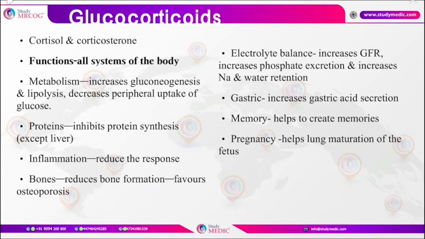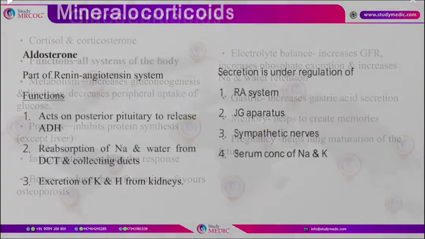In terms of electrolyte balance, it increases the glomerular filtration rate, it increases phosphate secretion, and also it increases sodium and water retention in our body. In the GI tract, it increases gastric acid secretion. Talking about memory, it helps in creating memories, and in pregnancy, it helps in the lung maturation of the fetus.